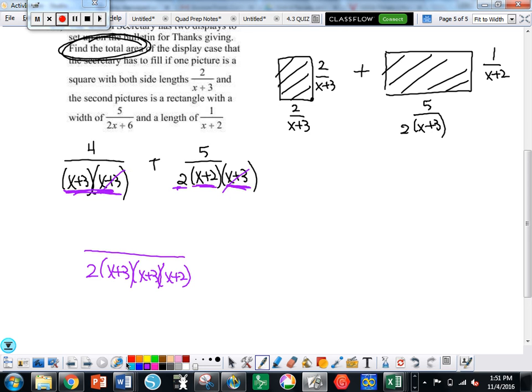Now, if I want to fix my numerator, looking at this denominator, it needs a 2. It has both of the x plus 3s, it needs an x plus 2. Looking at my second fraction, it has the x plus 3. It has the x plus 2. It has the 2. It only needs another x plus 3.